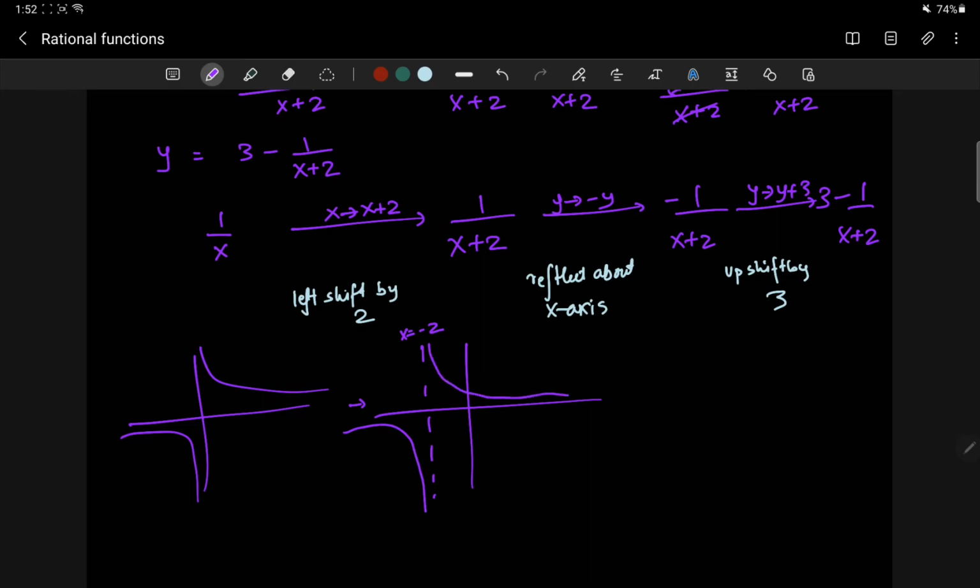Reflect about the x-axis. If I reflect about the x-axis, the asymptote doesn't change. All that changes is this negative part now becomes positive, so it's going to go over here. And the positive part now becomes negative, and all of that is going to go over here. So this is still x equals negative 2.